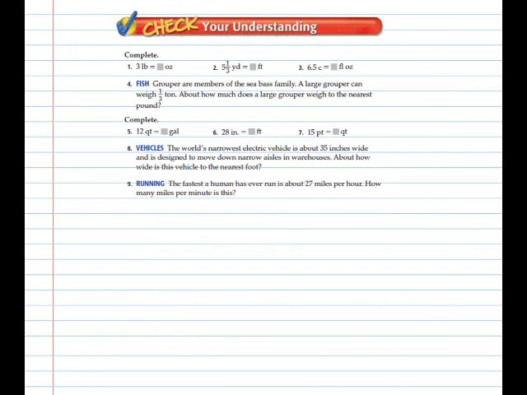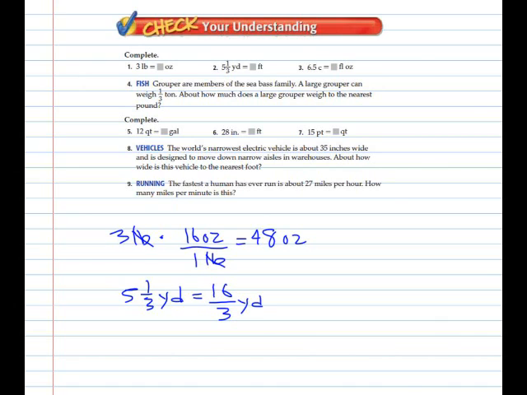All right, check for understanding. 3 pounds, 2 ounces. 3 pounds times the unit ratio of 16 ounces per 1 pound. Divide out the common units. 3 times 16 is 48 ounces. Example 2, 5 1/3 yards, which I'm going to change to 16/3 yards.